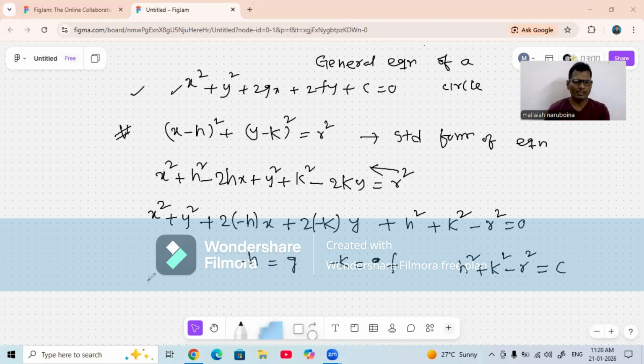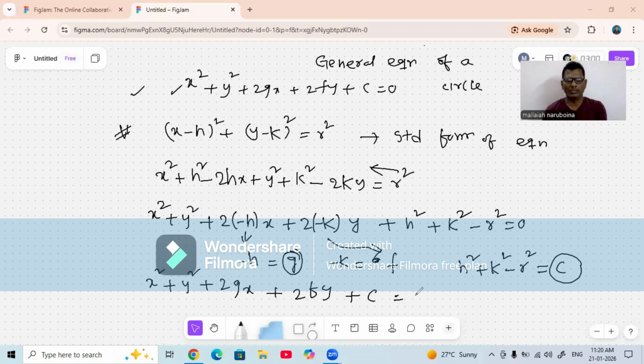Now I am writing x square plus y square plus 2gx, in the place of minus h we write g, plus 2fy, in the place of minus k we write f, plus, in the place of h square plus k square minus r square, we write c, that is equal to 0.